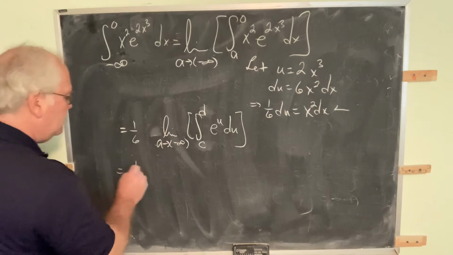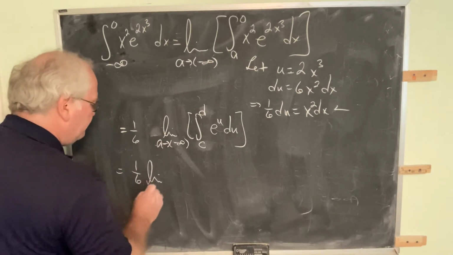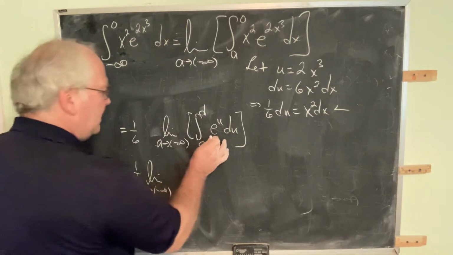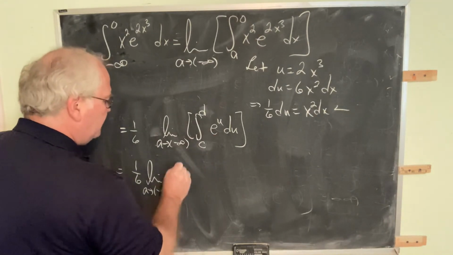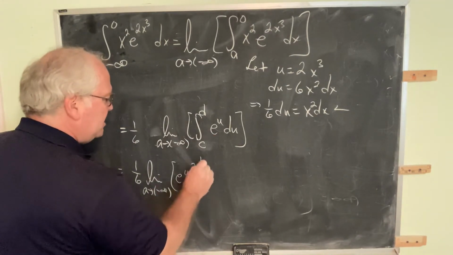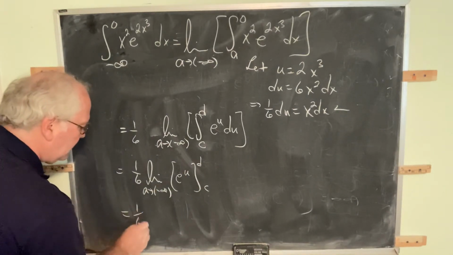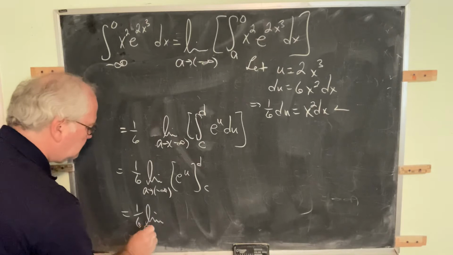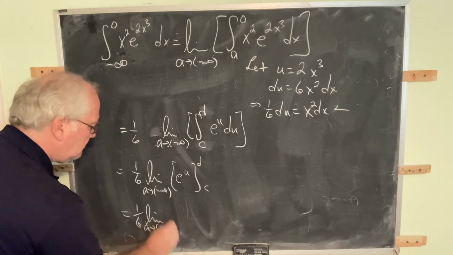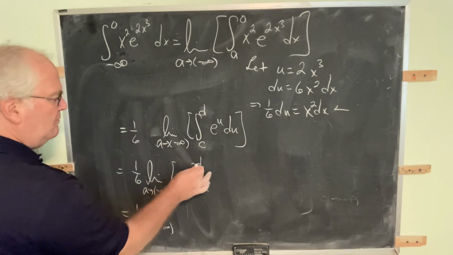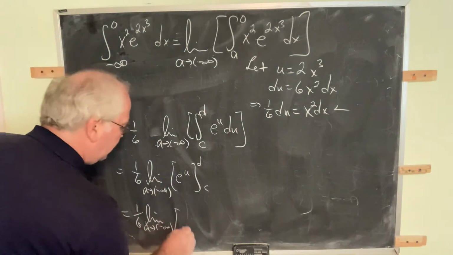So what do we have? 1/6, limit as a goes to negative infinity. The antiderivative is e to the u, evaluated from c to d, which values I don't know yet. Now we go back to the original variable, which means we go back to the original limits of integration.